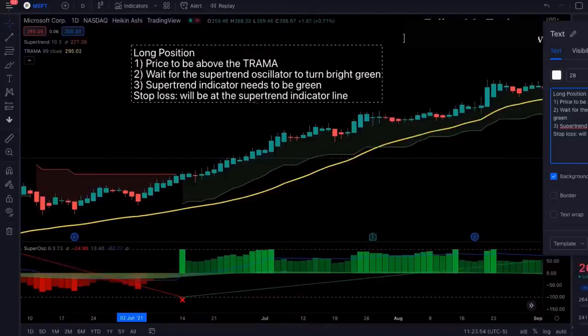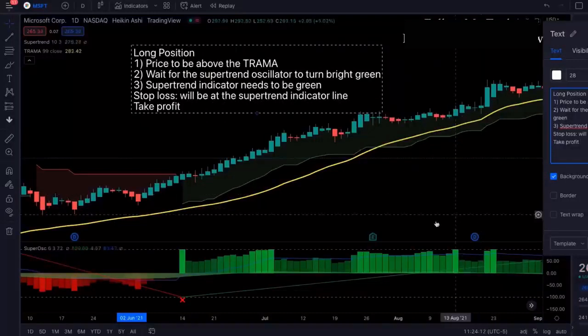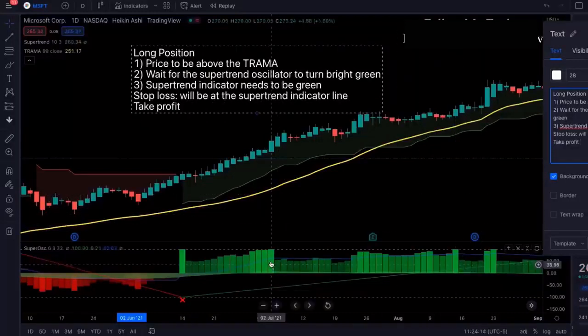What I like to usually do, and this is a very high probability trade, so some of the profits are going to be big, some are going to be small, but the win rate is super high on this. I like to take profit when the super trend oscillator again gives you 100, when it gives you a bright green candle.